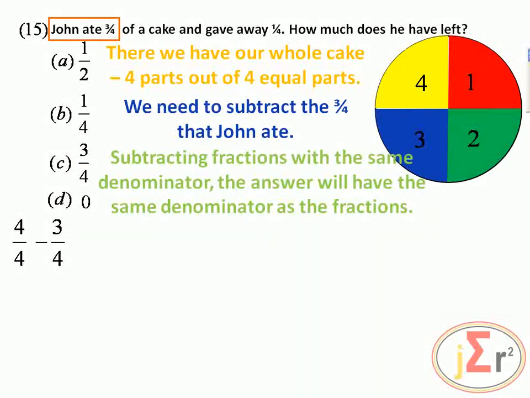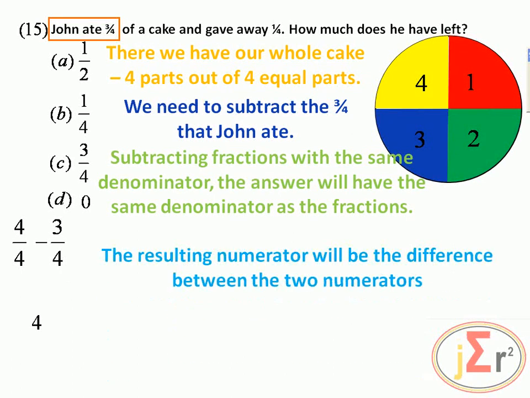Subtracting fractions with the same denominator, the answer will have the same denominator as the fractions. So put the denominator of the answer. It will be the same as the denominator of the fractions that we have. When we are subtracting or adding fractions that have the same denominator, the answer will have the same denominator as the fractions.